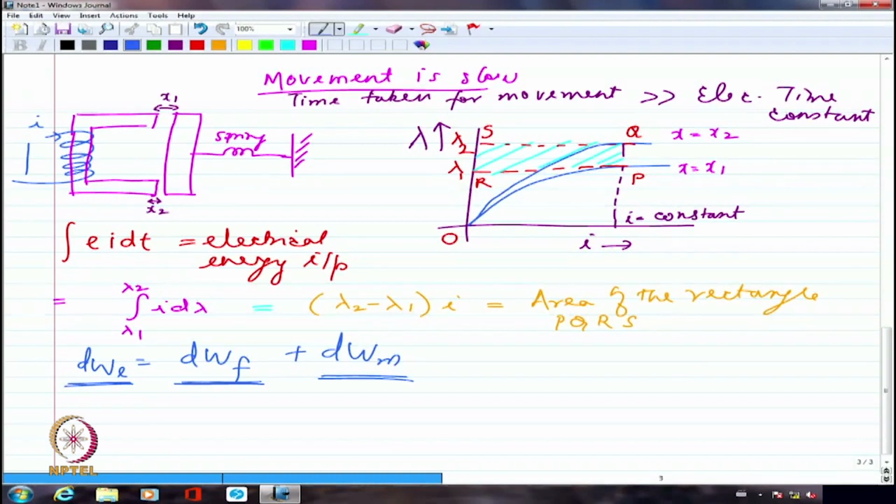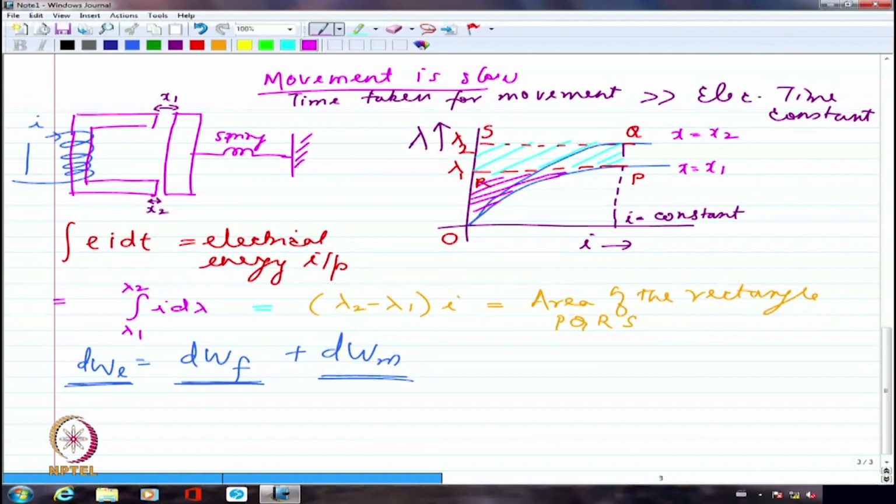Let us look at whether there is any change in the field energy. We said field energy under a given situation is the integral I d lambda. So if I look at the field energy in the first case, I should have this entire area as I d lambda, corresponding to the first condition where the moving part is at a distance x1.